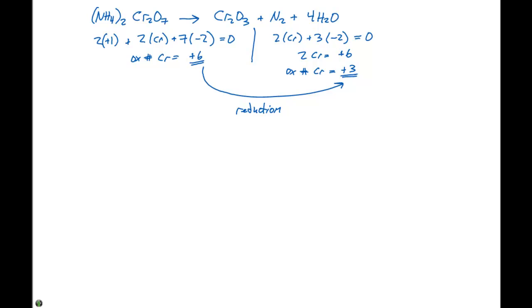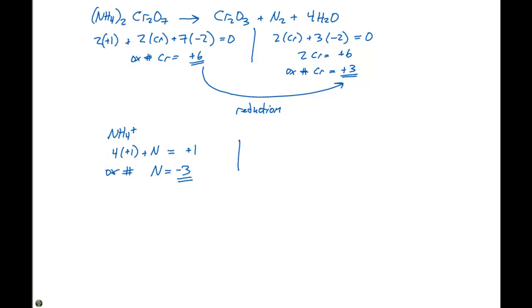If we look at NH4+, because that is our cation in this particular compound, we know that in compounds like this, hydrogen has an oxidation state of +1. There are 4 of them, plus the oxidation state of nitrogen has to give an overall oxidation number of +1, because that's the charge of this ion. So in this case, our nitrogen is going to have an oxidation number equal to -3.